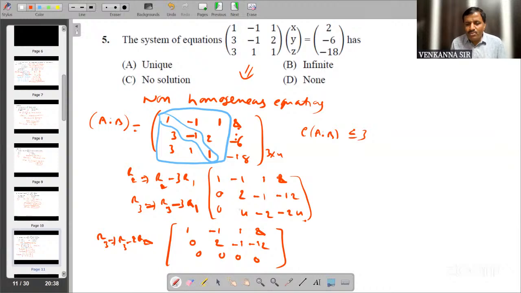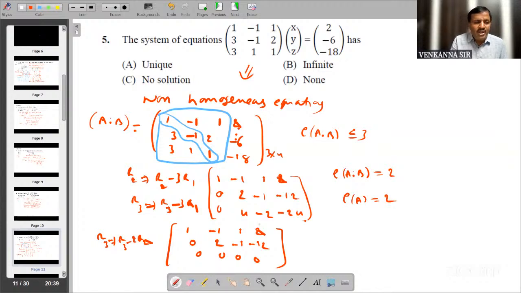If you have enough practice, there is no need to write all these things; write them straight away. So overall, how many non-zero rows do we have? 2 non-zero rows. That means the rank of the augmented matrix is 2, and the rank of A is also 2.